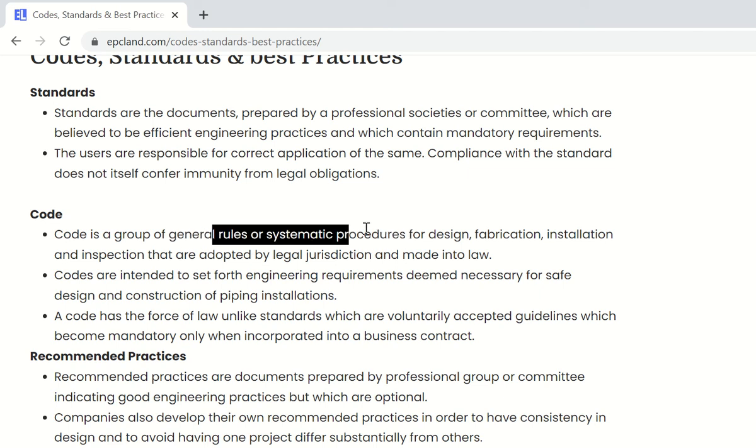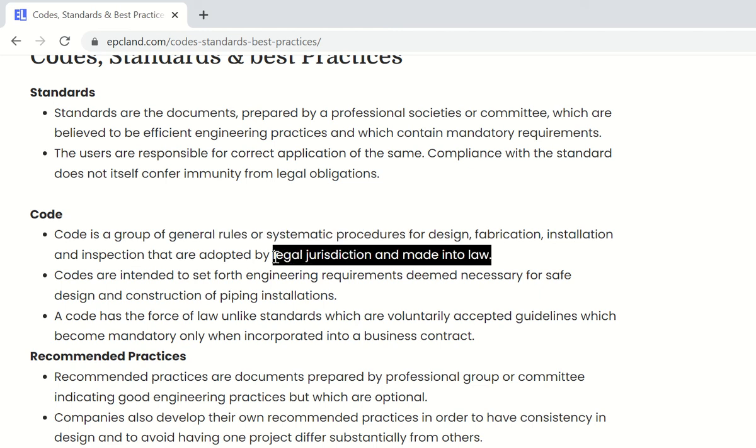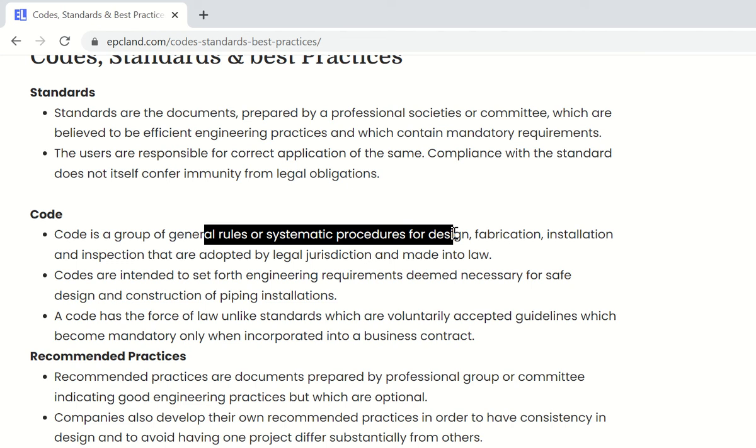All rules, all procedures, all clauses with respect to design, fabrication, installation shall be followed. If not, then you are legally bound. Somebody can take legal action if those rules and systematic procedures are not followed.